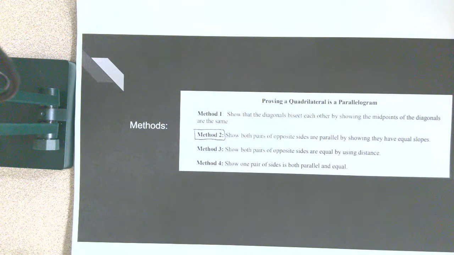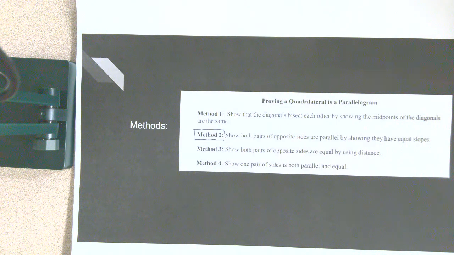Method number 3, we could show that both pairs of opposite sides are the same distance. That would be using the distance formula. Or method 4, we could do a combination. We could pick one pair and show that they're parallel and that they're equal in length. So that would be using the slope formula and the distance formula.